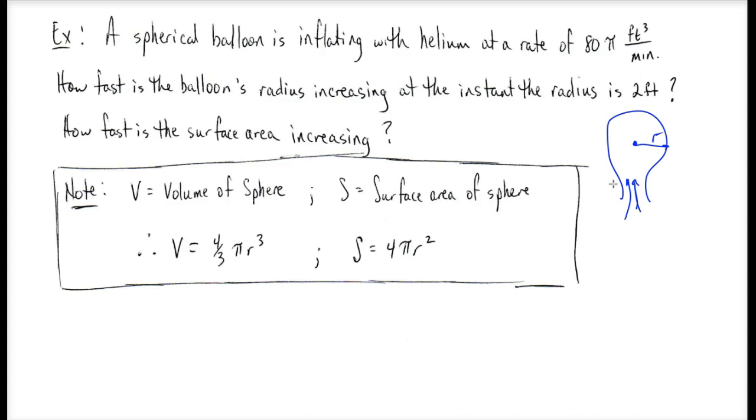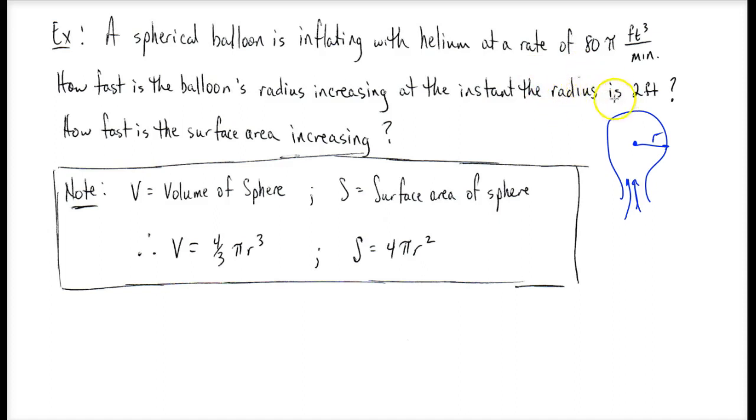So what we're trying to figure out is what is the surface area, as well as how fast is that radius increasing. And so we're given here what the volume of a sphere is, and also what surface area is. So we'll take the first question first, which is how fast is the balloon radius increasing at the instant that the radius is 2 feet.